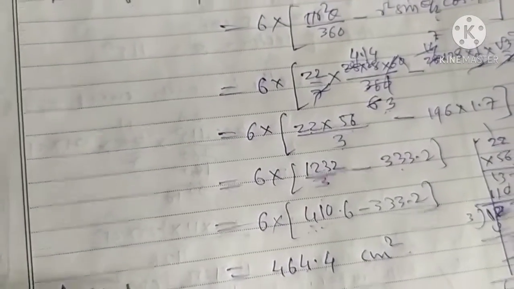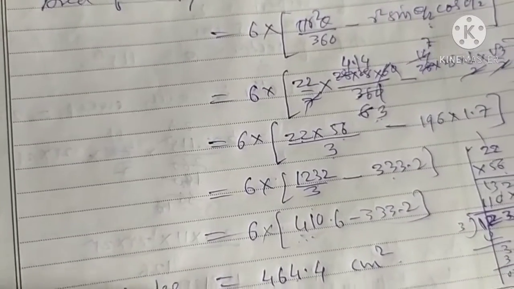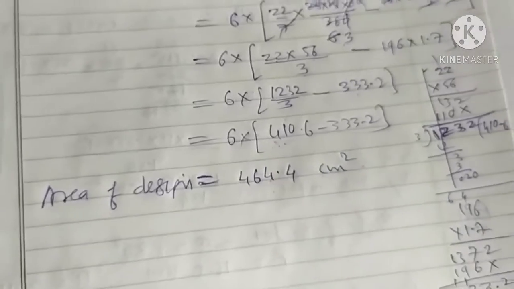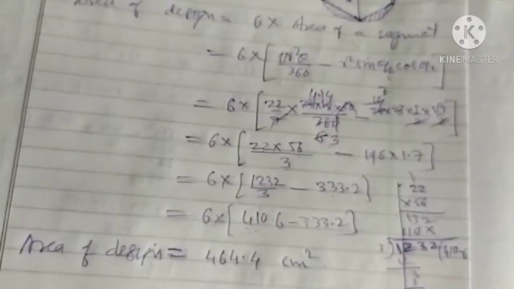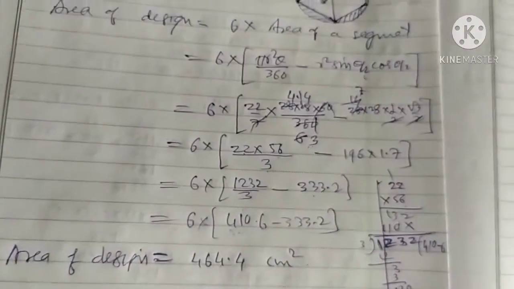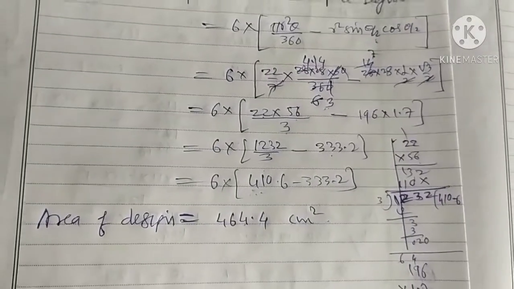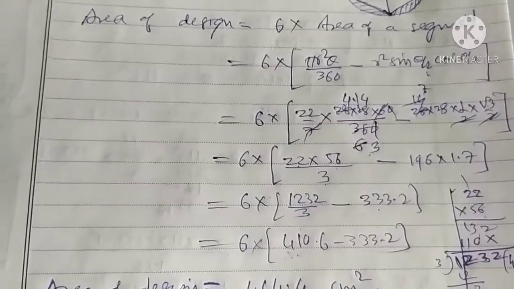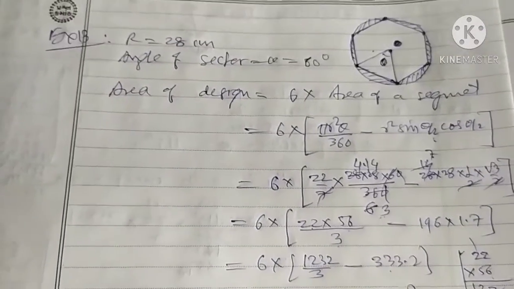Clear, student? See, students, please note that in this chapter, the important part is putting values and exact, very correct cancellation and multiplication with full concentration. Otherwise, we will waste time and get the wrong answer. Fine.